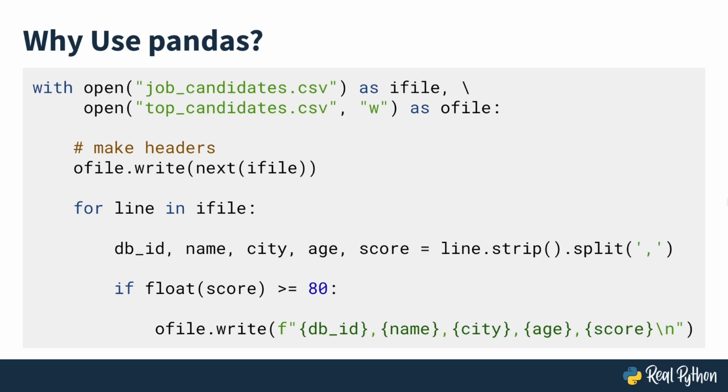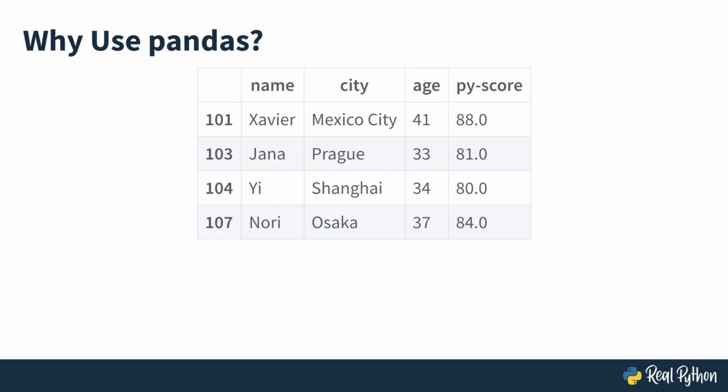You're opening up a file that you're going to read that contains the job candidate's information, and then you're going to also open up a file with write mode that will be used to write all of the candidates that have at least a 80 score in the Python test. You can see that it's quite a bit of code to get something done that's fairly straightforward. And when you do create this file, you get the top candidates that had at least a Python score of 80.